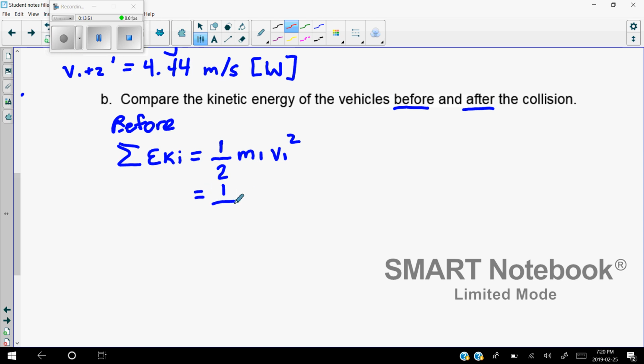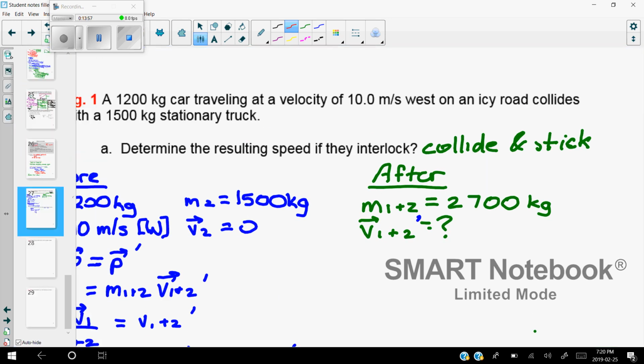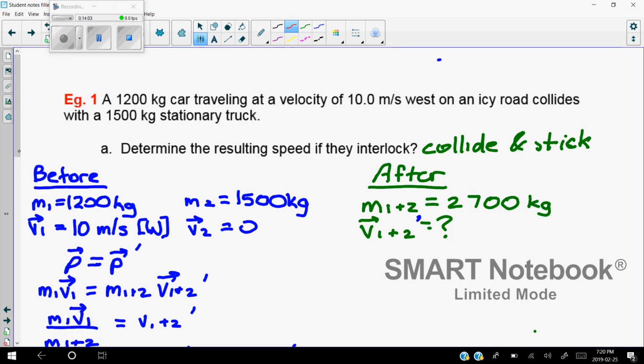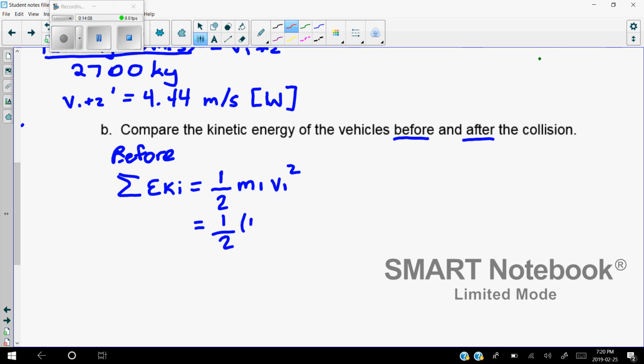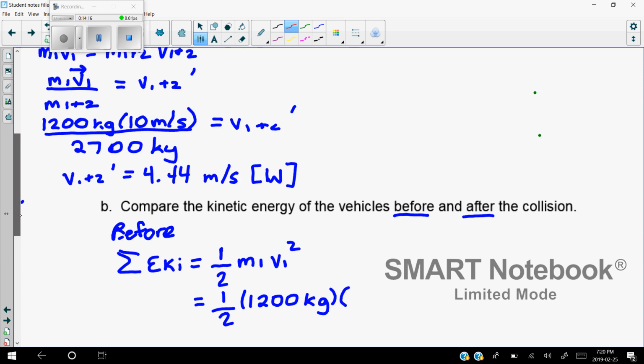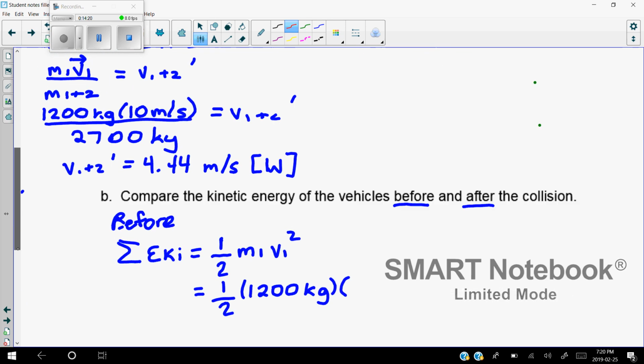So that'll be 1/2 the mass of the car was 1,200. And the velocity of the car initially was 10 meters per second.